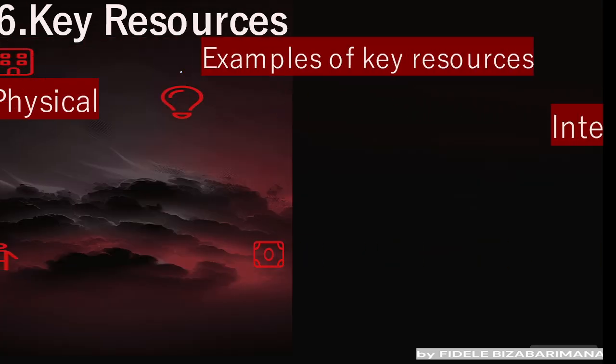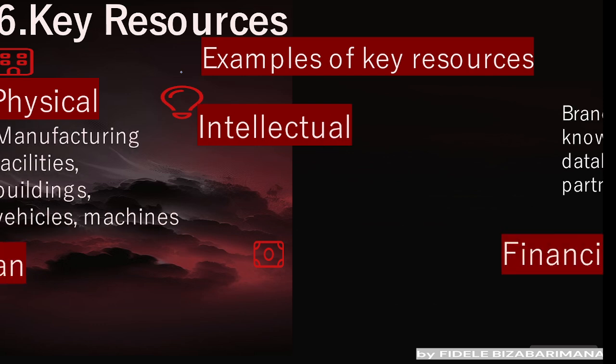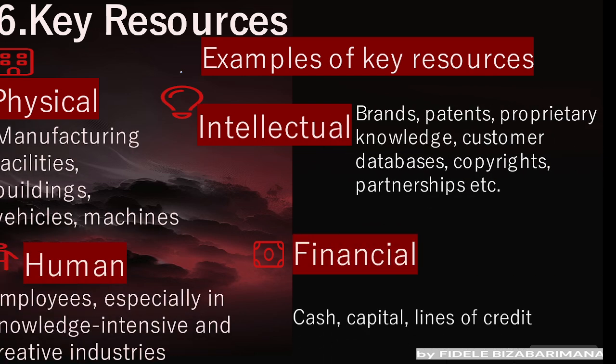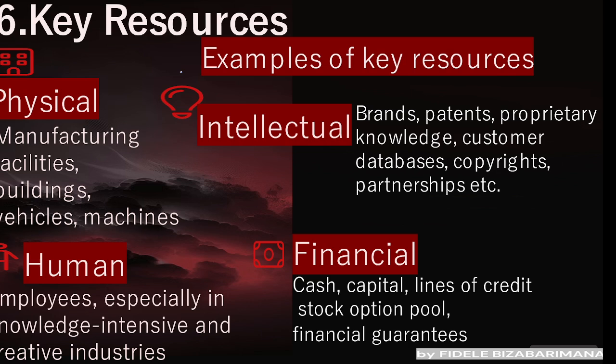Key resources. In key resources, the assets or the things that will help you run a business. We have different categories of resources: the physical, intellectual, human, and financial resources.